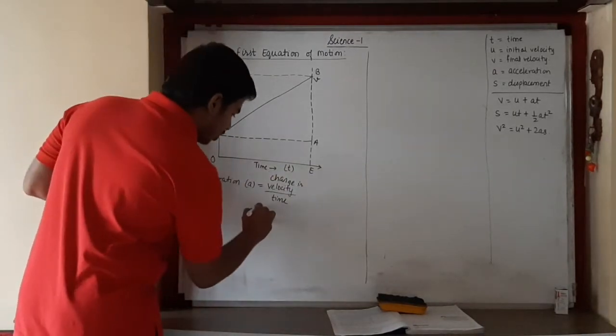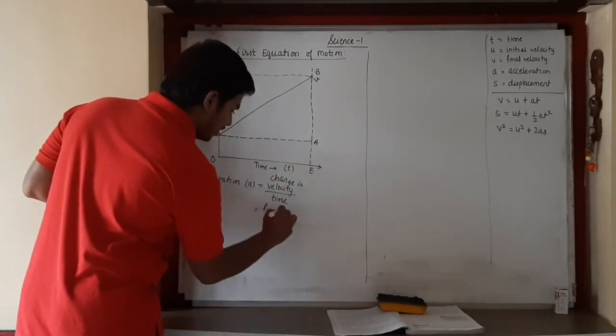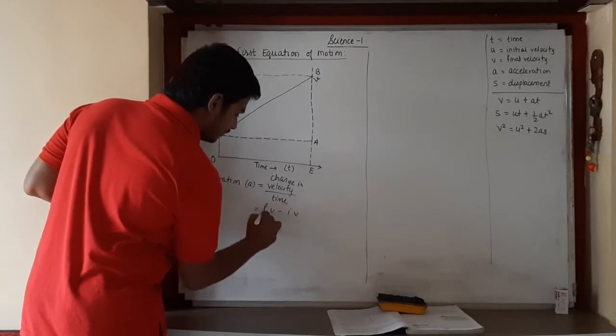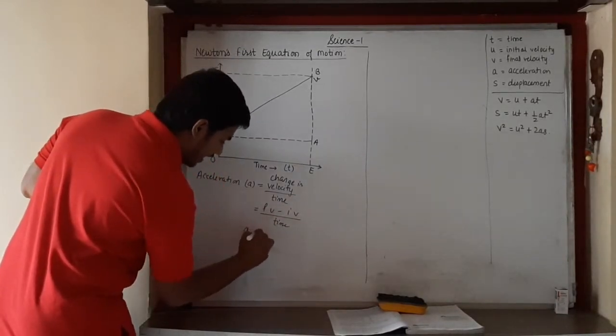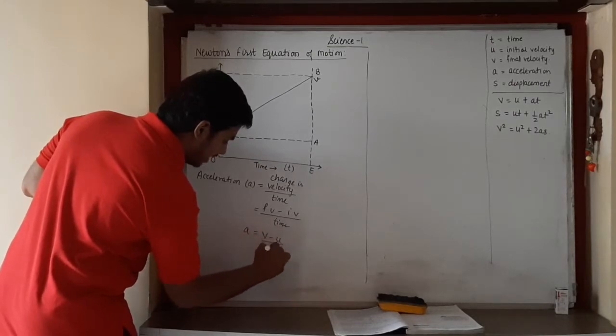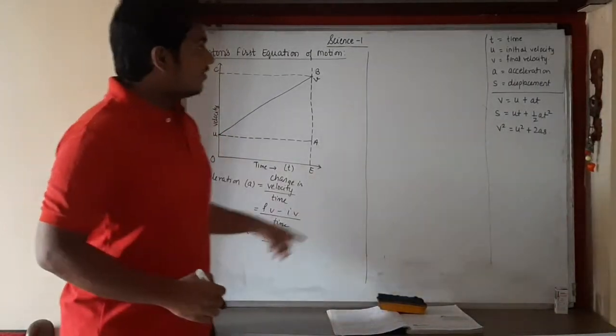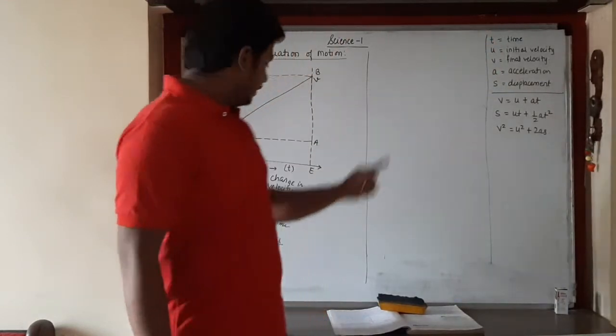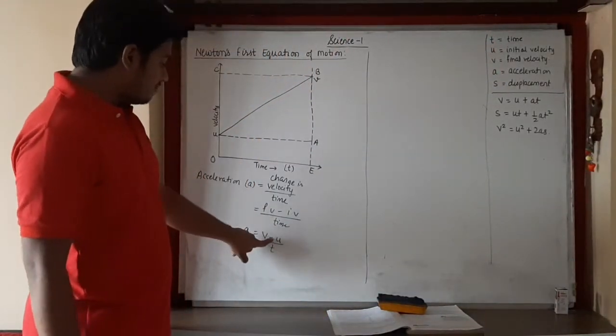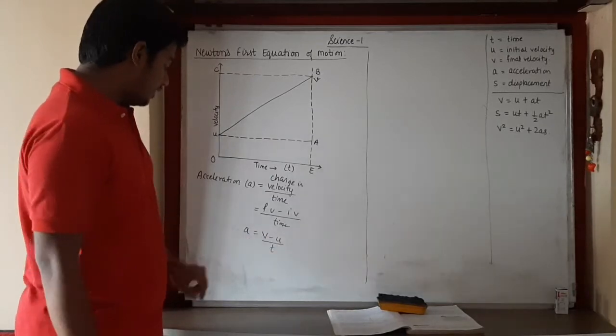So change in velocity is nothing but final velocity minus initial velocity divided by time. So we can write the formula A equals V minus U divided by T, because we have taken final velocity as V, initial velocity as U, and time as T. So A is equals to V minus U divided by T.